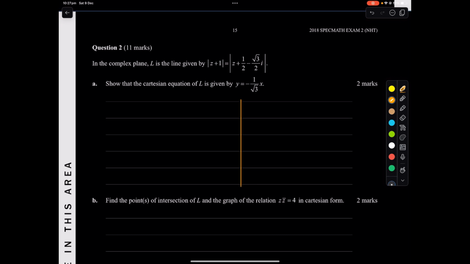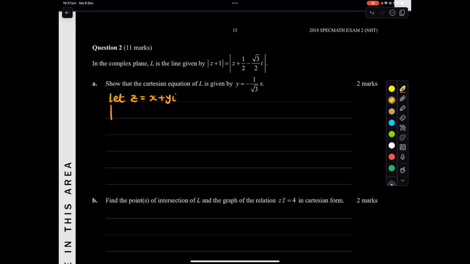What we do is we let z equal x plus yi. Actually, let me rub this out and do the whole thing. Let z equal x plus yi, and we sub it into this function, to this actual complex plane.